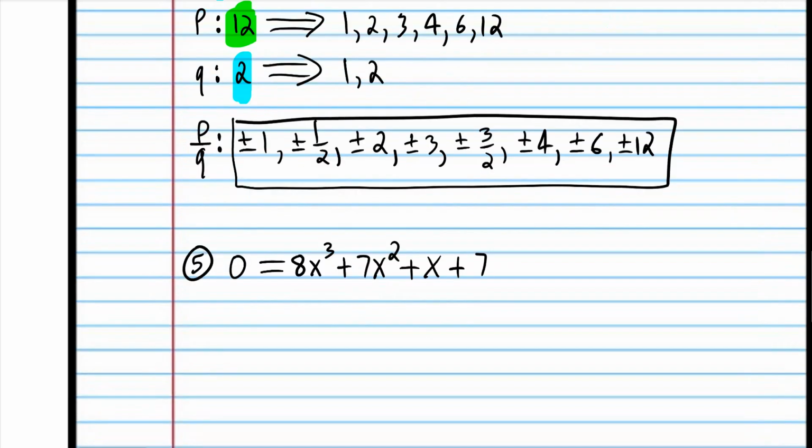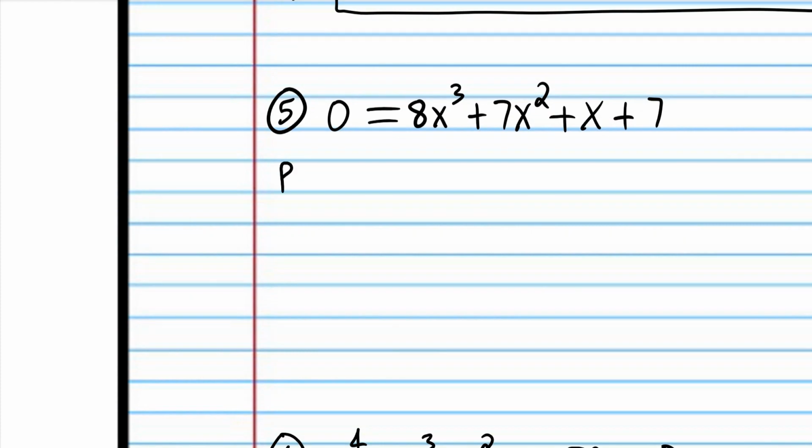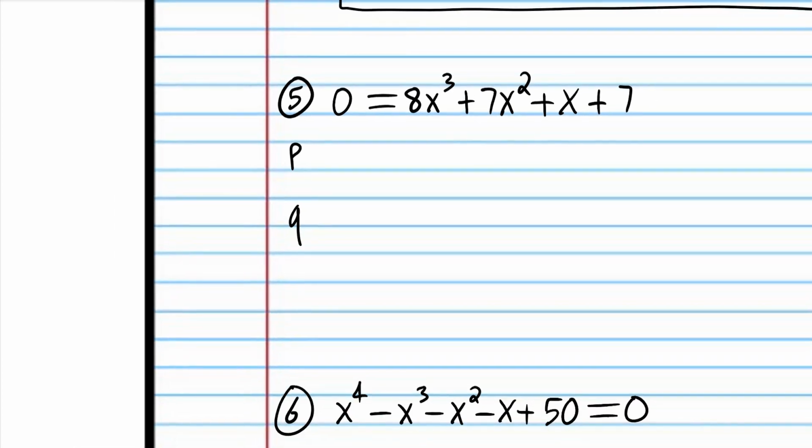Okay, we're back. So P represents all of the factors of the last term, and Q represents all of the factors of the coefficient of the first term. So 7 is prime, so we have 1 and 7.